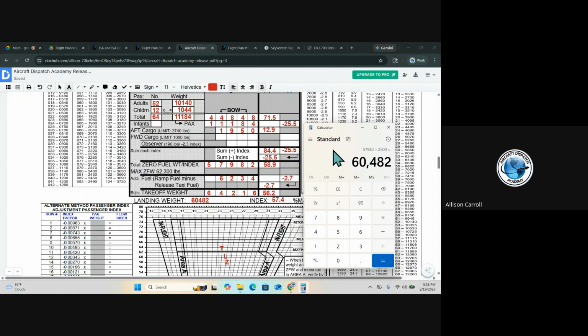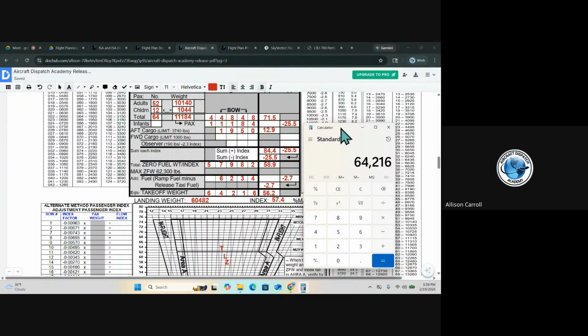I'm landing with the weight of the aircraft, the weight of the passengers and the cargo, and the weight of the remaining fuel, which is the reserve fuel and any alternate fuel. So I personally like to start at the zero fuel weight right here and just add whatever fuel I'm landing with. But some people, you'll notice with other instructors, they like to start at this takeoff weight and just subtract the burn, which is totally fine.